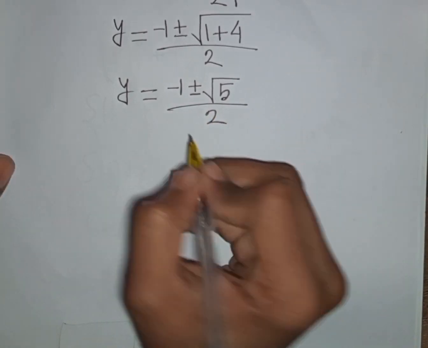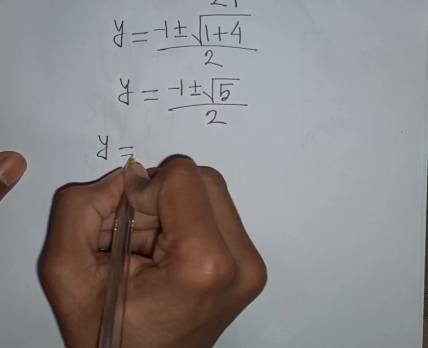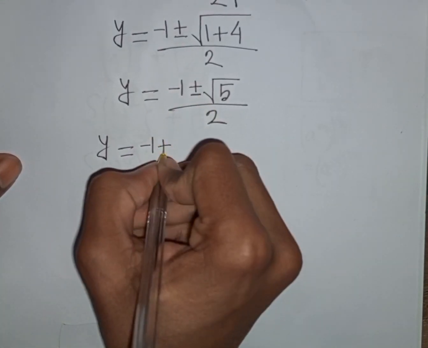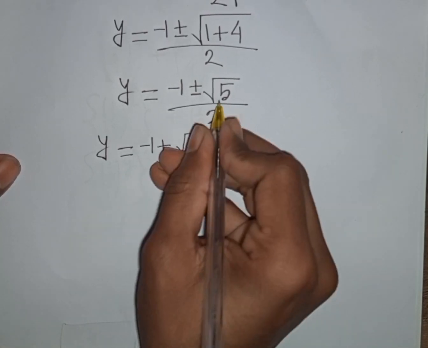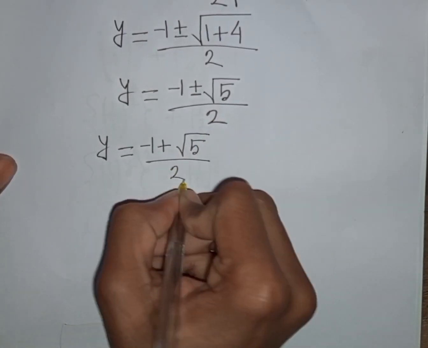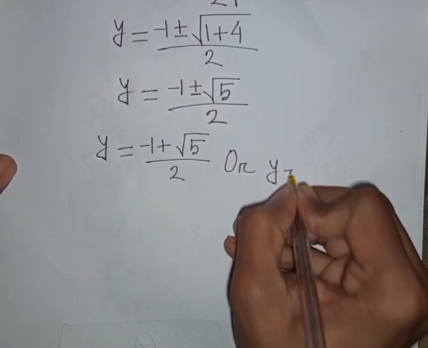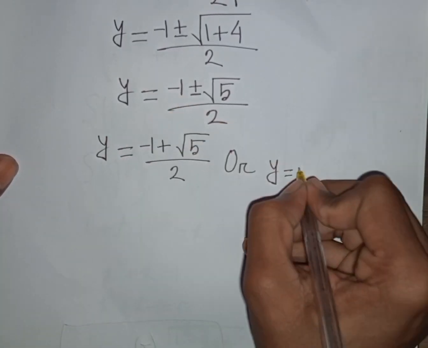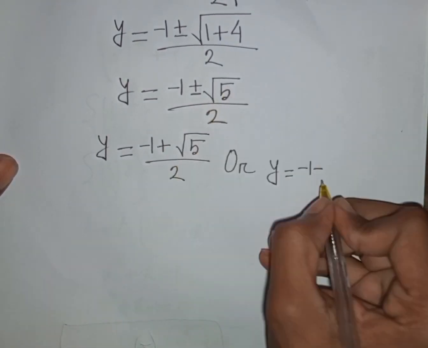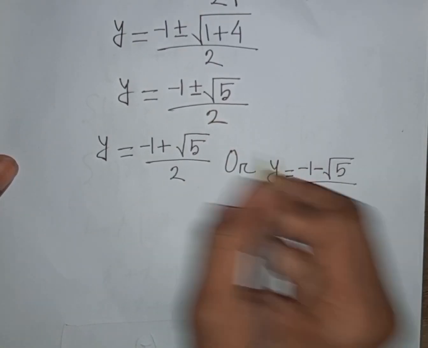Now we see here two cases, so y is equal to minus 1 plus square root of 5 divided by 2, or y is equal to minus 1 minus square root of 5 divided by 2.